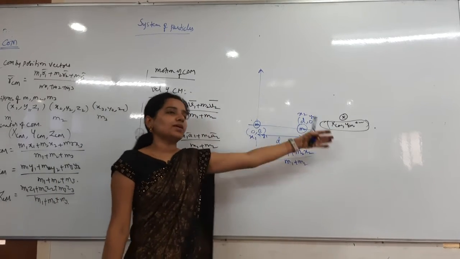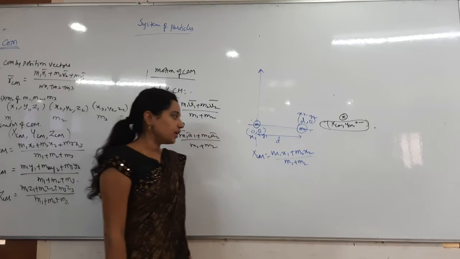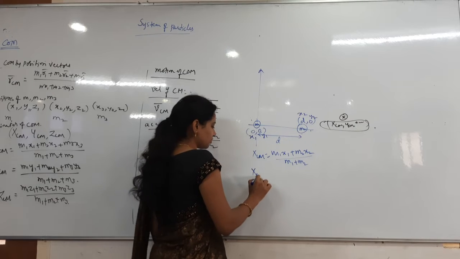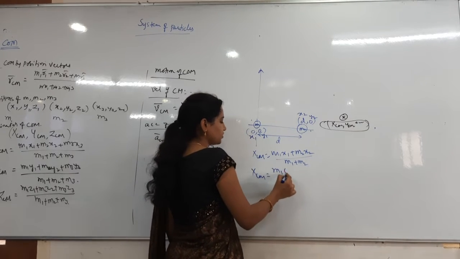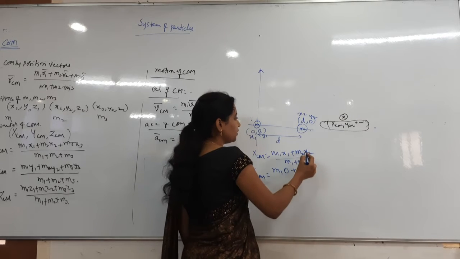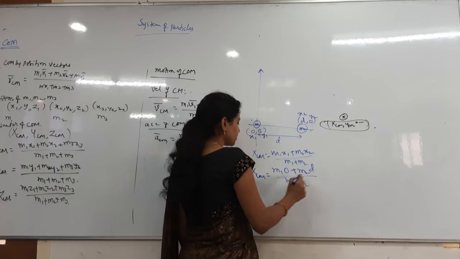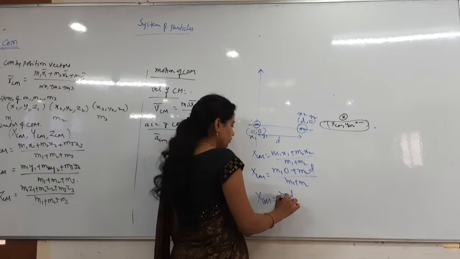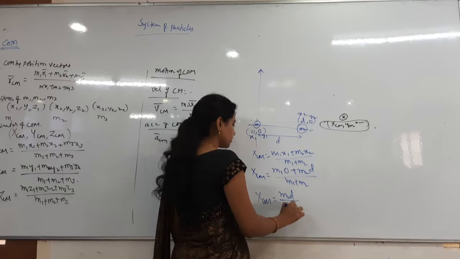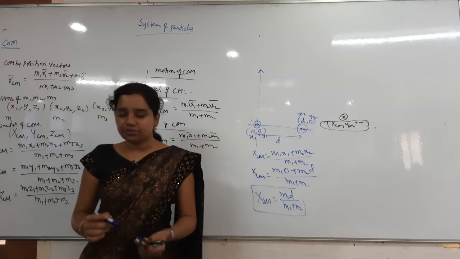If I have another mass also, then I will take it as x3 and y3, there is no problem in that. Now xcm is equal to m1 x1, where x1 is 0, plus m2 into x2, where x2 is d, divided by m1 plus m2. Then xcm is equal to m2d by (m1 plus m2). That's the answer for this basic problem. Clear?